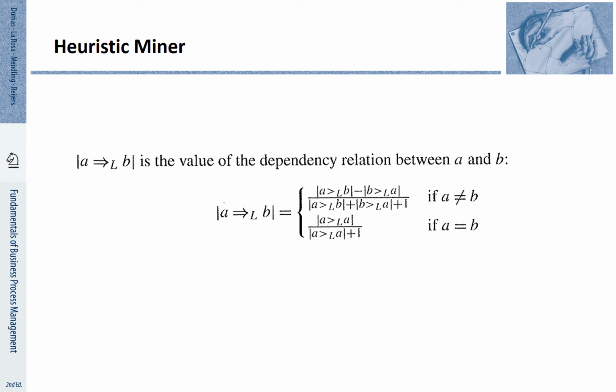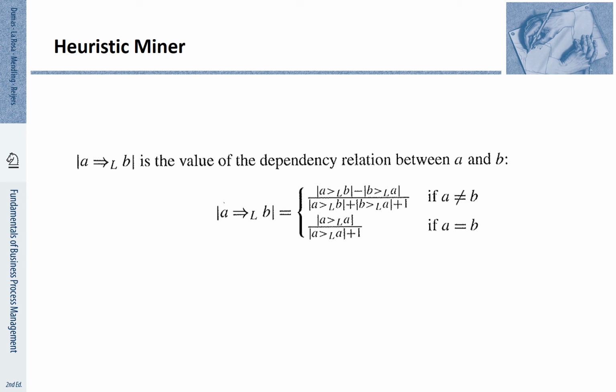Now, what can happen? Imagine that we observe 10 times that A is followed by B, but never B followed by A. The value for the formula is then (10 minus 0) divided by (10 plus 0 plus 1).